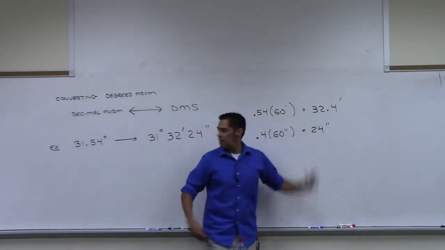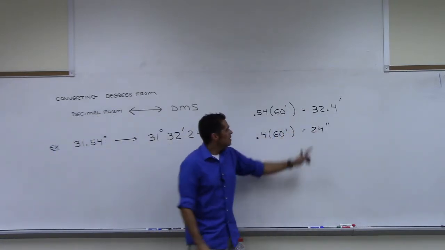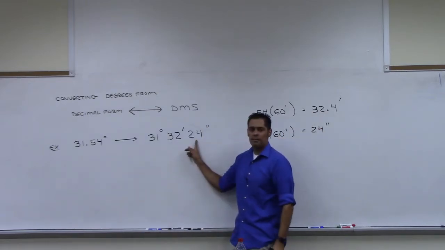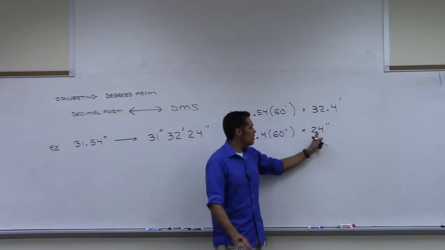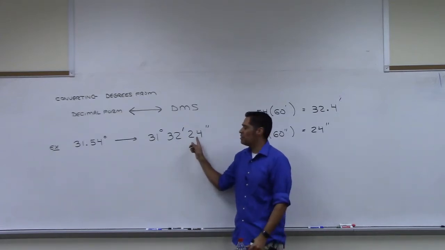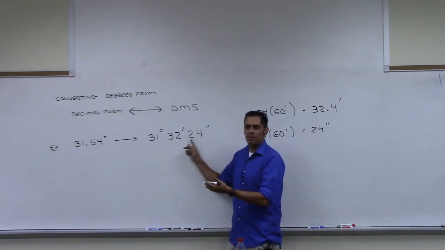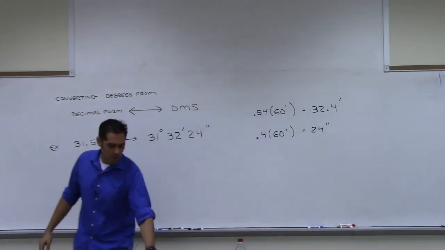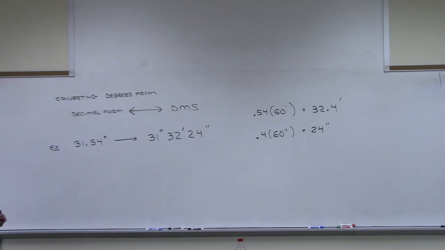Take the whole number there, put it as your minutes. Take the decimal, multiply by 60 again. Take that number, stick it here. If this number 24 would have turned out to be a decimal, we would have just put like 24.5 or something. That's fine. All right, that's how you go from decimal form into degrees, minutes, seconds.